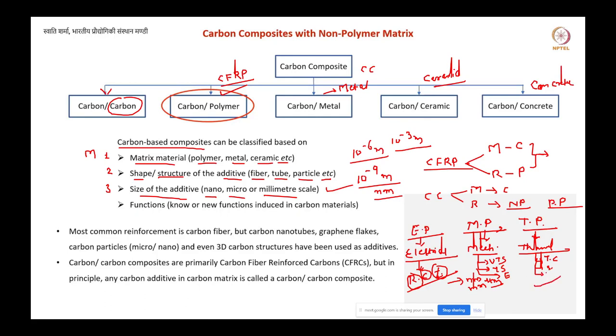So the main thing is that suppose you have a material A which cannot meet the property you want, but if you can add some material or additives B, it will give you the property you desire.